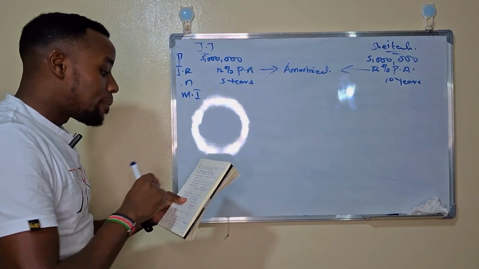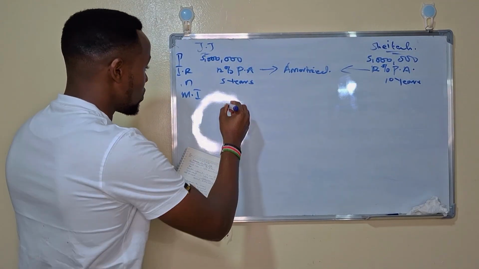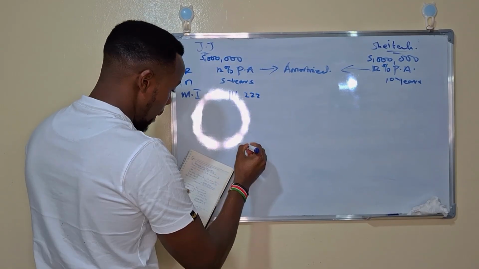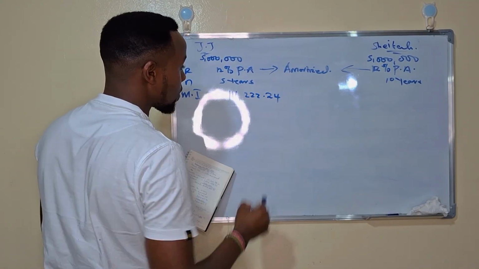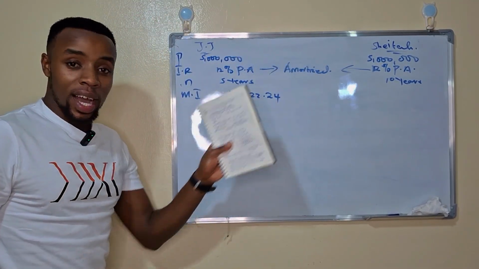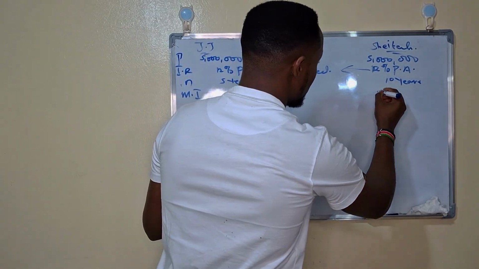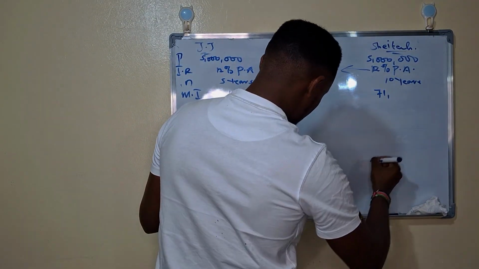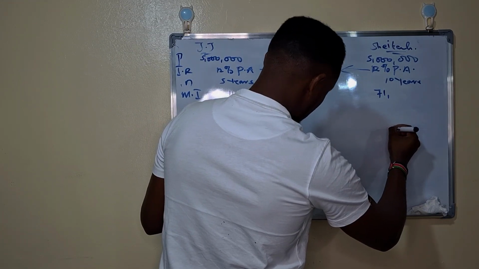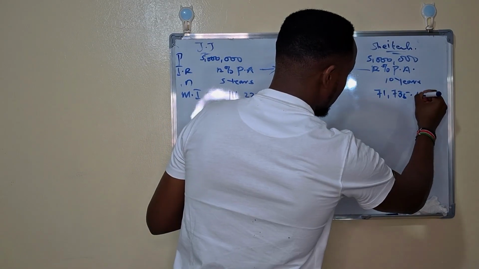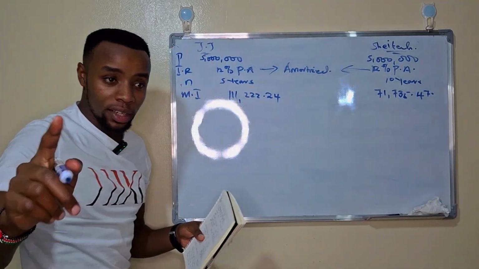JJ is going to pay a monthly installment of 111,222.24. Shayla is going to pay a monthly installment of 71,735.47. Now, look at the difference.